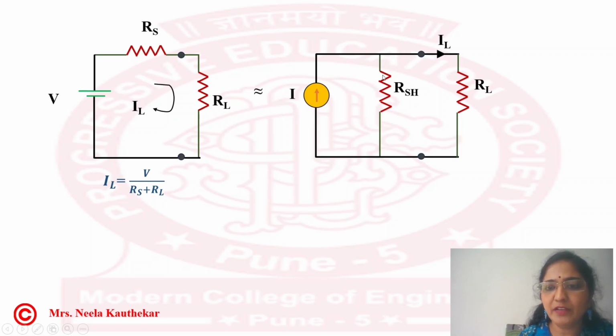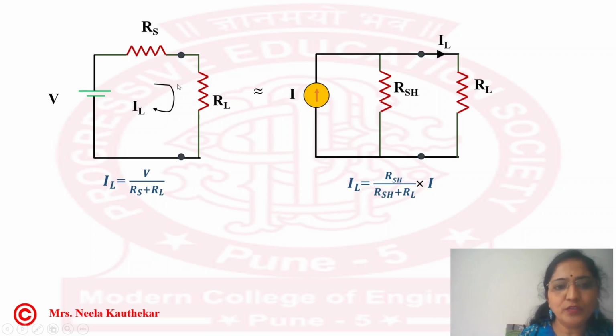One part will flow through RSH, which we will call ISH, and another part is going to flow through IL. Using the current divider rule, we can find the current flowing through this branch. The current IL flowing through RL is RSH divided by RSH plus RL, into I. I is the source current.